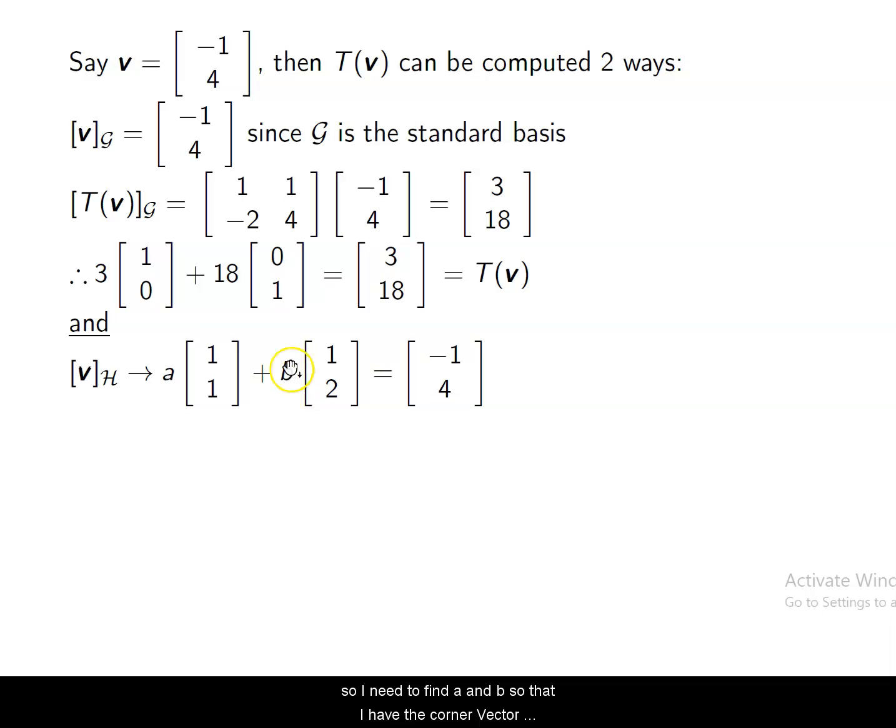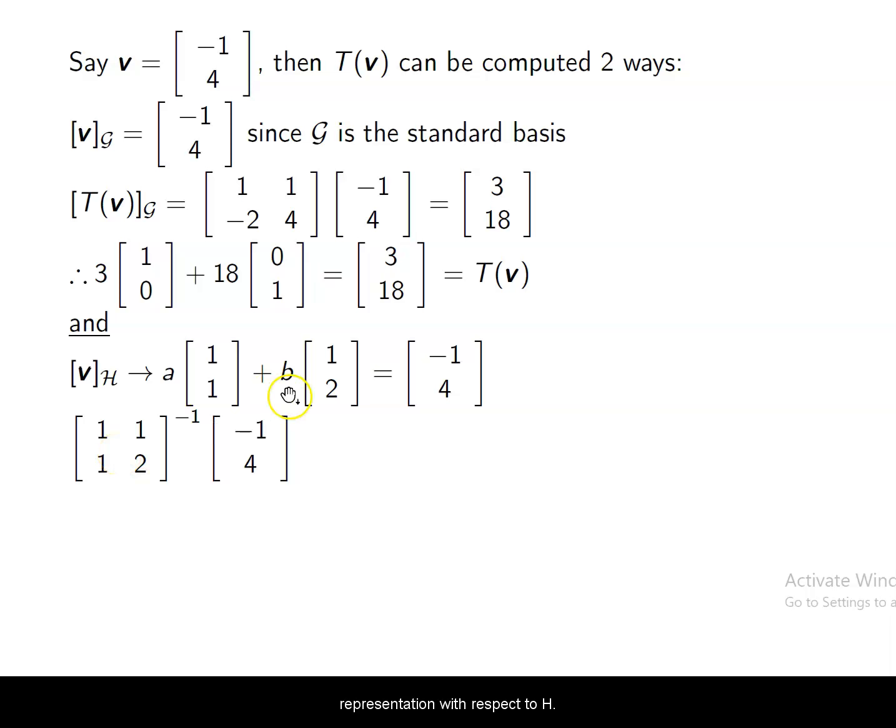So I need to find A and B so that I have the coordinate vector representation of V with respect to H. So, you know, it's just an equation for me to solve. You can do RREF, you can use inverses, whatever is necessary. But that'll give me -6, 5. So the coordinate vector representation of V with respect to H is -6, 5.